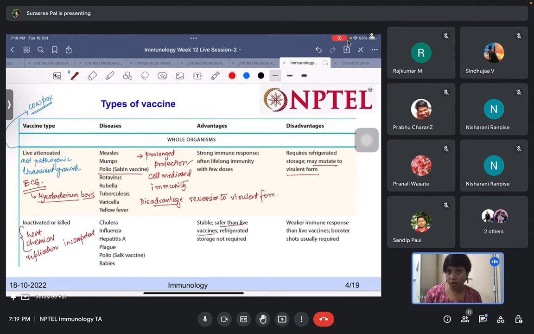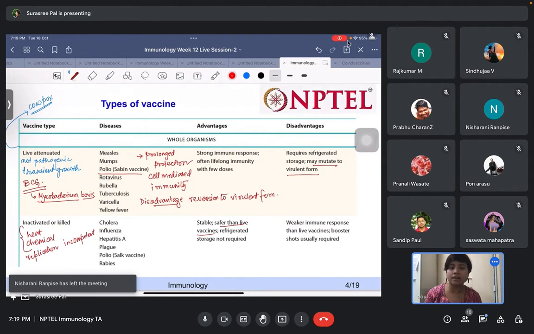So the epitope structures present on the surface of the pathogen have to be maintained, and the heat or chemical treatment must not destroy them.